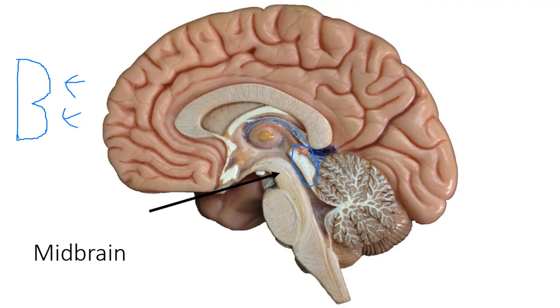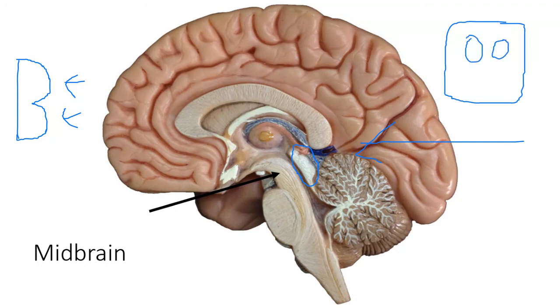Now, if I were to turn this structure and look at it from the back, it looks square, and it has four bumps coming off the back. We call that the tectal plate. But we're only going to be looking at it from the side view.